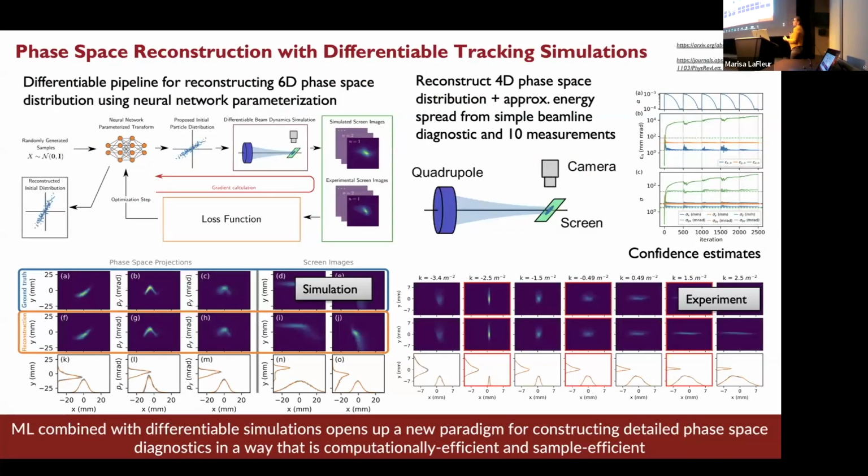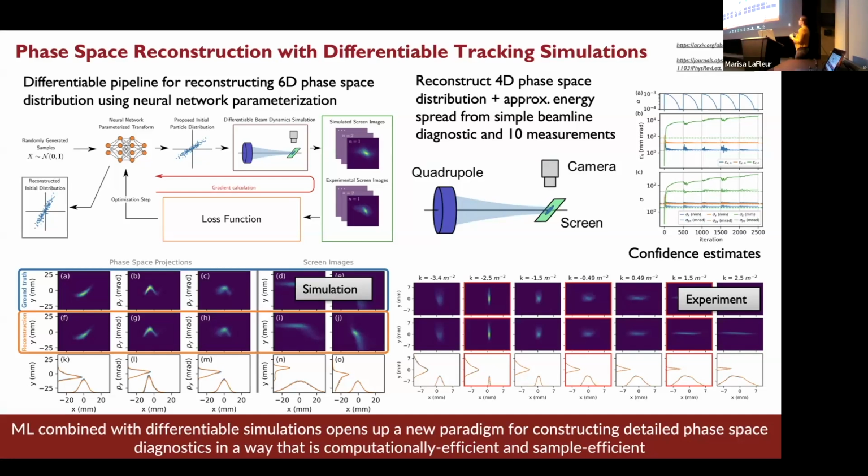Another aspect of trying to just characterize what's going on in the accelerator is the need to infer complicated information that we can't directly measure. And this is another area where differentiable simulations are extremely helpful. So we have this type of measurement in accelerators where we scan a quadrupole magnet and then look at a screen and capture an image of the beam.